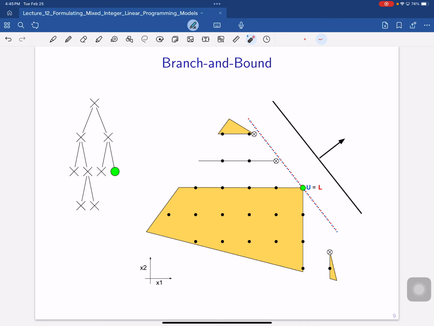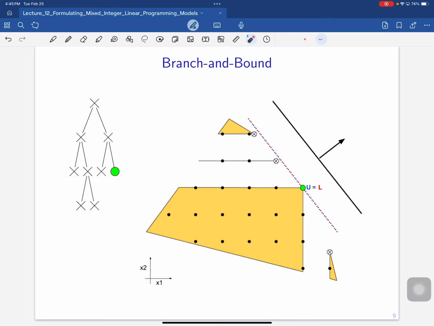Branching means if you have a fractional variable, you split that variable into two nodes: one node with the variable greater than or equal to an integer, one node with it less than or equal to an integer. And bound comes from LP relaxation. The root node LP relaxation is a lower bound. After you branch, it's not as trivial. You can solve the LP relaxation at each node, and pick the node that gives you the most optimistic lower bound.